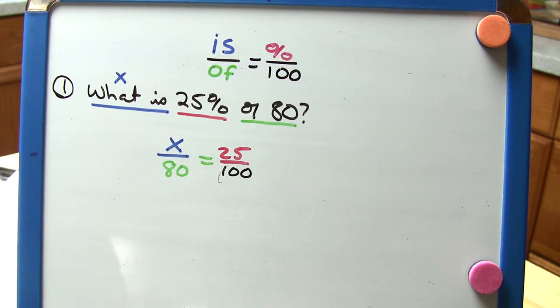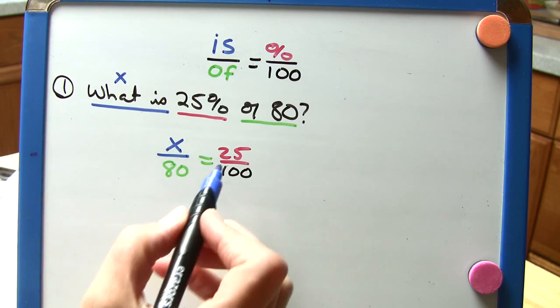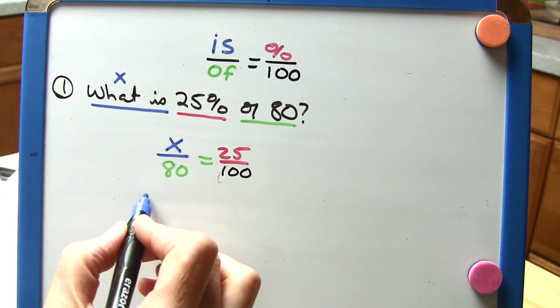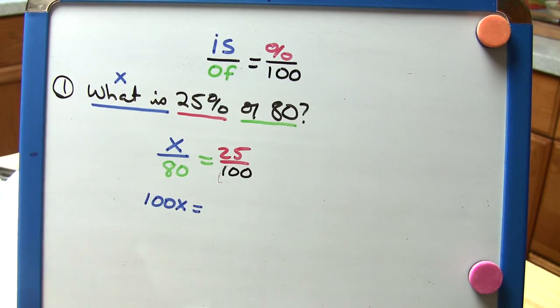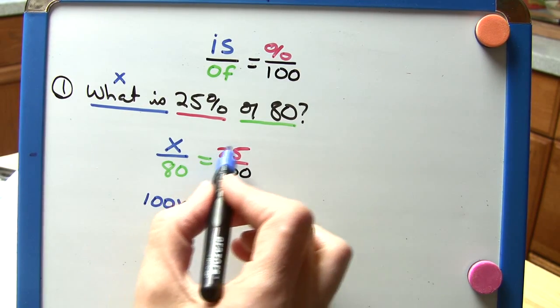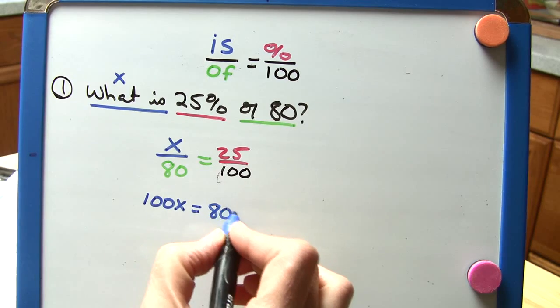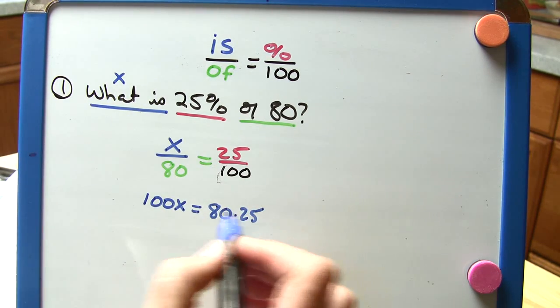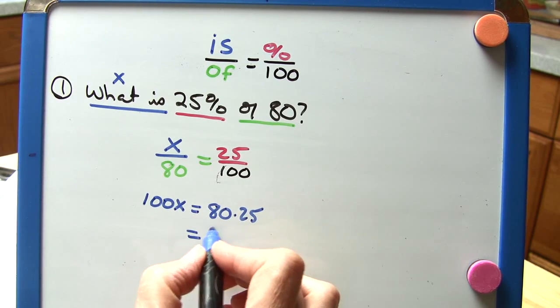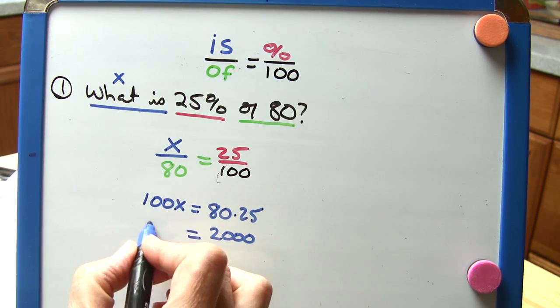Now we're going to cross multiply. We're going to go 100 times x, 100x. Bring that equal sign straight down, and then we're going to go 80 times 25. Well, 80 times 25 is 2,000. So that's 100x equals 2,000.